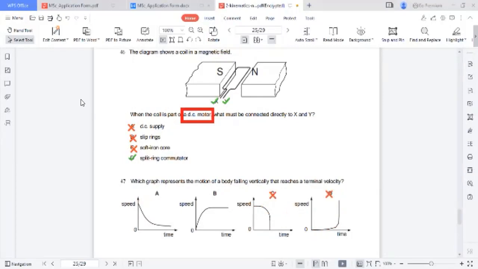You'll just mark them across. We are left with only B option, which is the correct option. Let's discuss why it's correct. You can see initially the speed of the object increases, and after a certain time, when the weight of the object and the drag force become equal, it gains constant speed. So that's why it's correct.